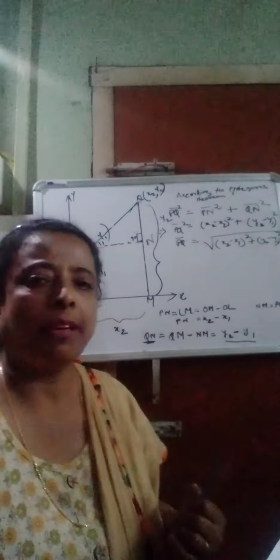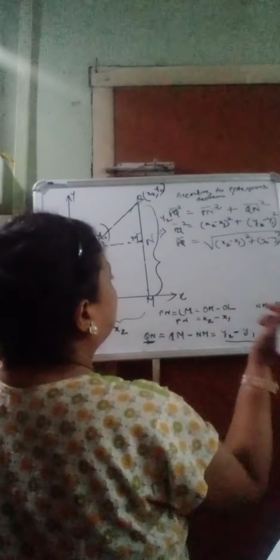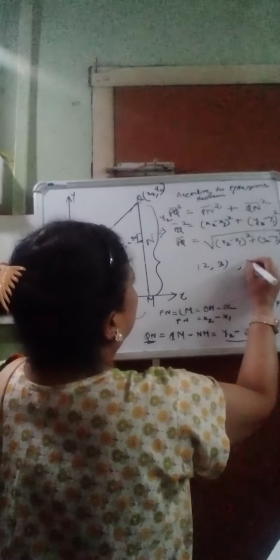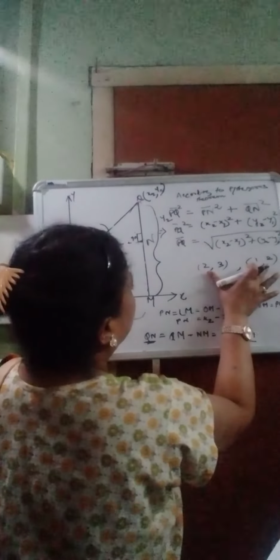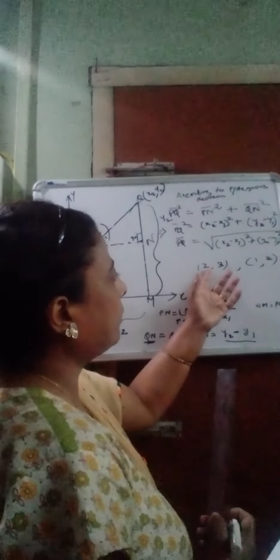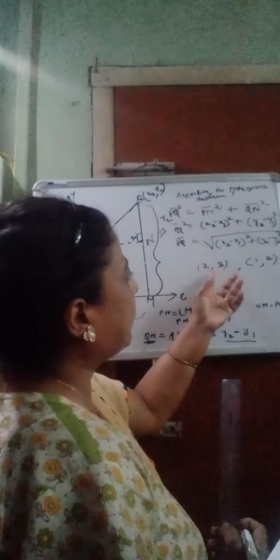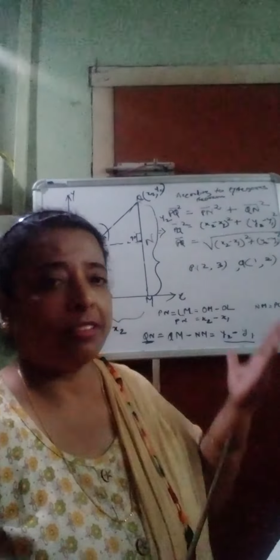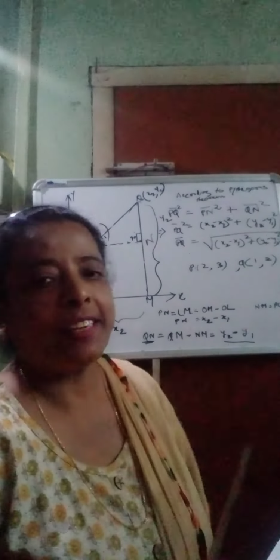You may be asked in your exam to find the distance between 2 points. Suppose 2 points are given in the exam, 2 and 3, and 1 and 2, to find the distance between P and Q. Then according to this rule, we have to find it.